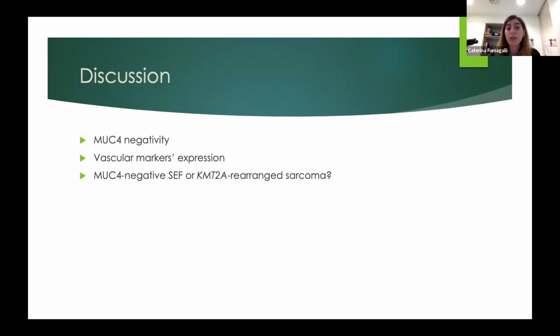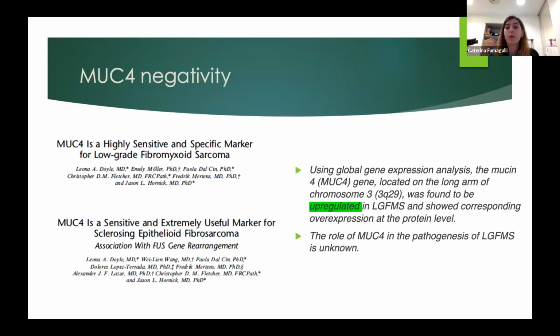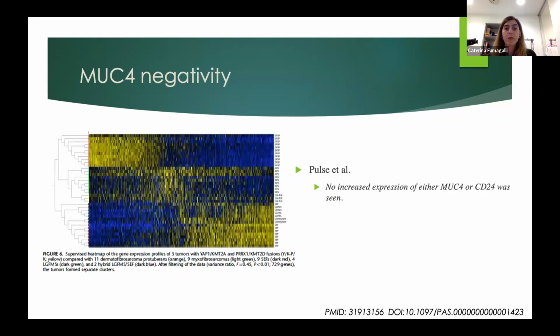So the first question is quite easy to solve, because we know that low-grade fibromyxoid sarcoma and sclerosing epithelioid fibrosarcoma have an upregulation of the MUC4 gene. So for this reason, there is MUC4 expression. On the other hand, Puls et al. described by gene expression profiles, by the heat map, that there is no increased expression of MUC4. So for this reason, we find no MUC4 expression by immunohistochemistry.